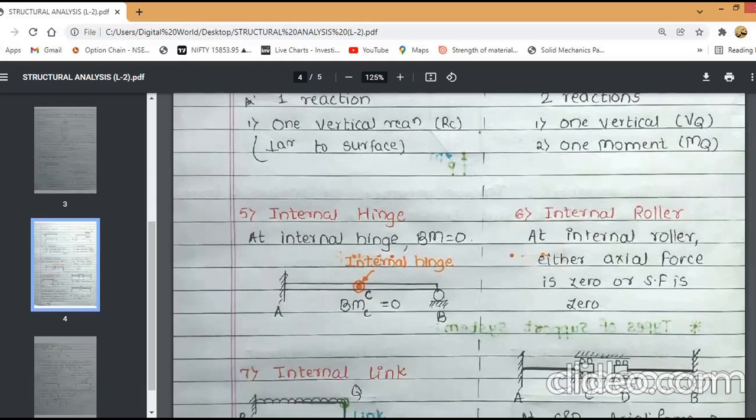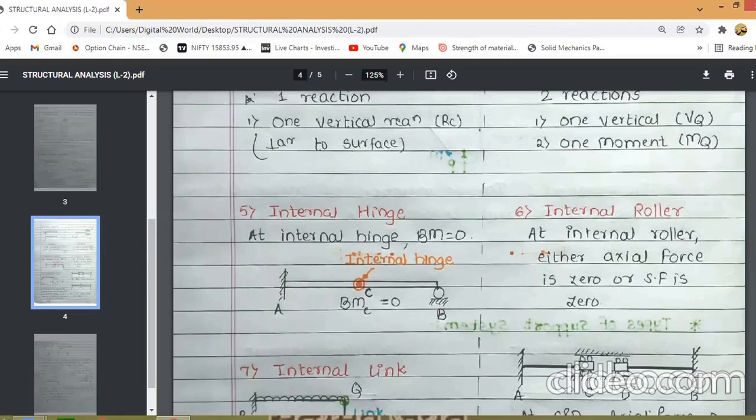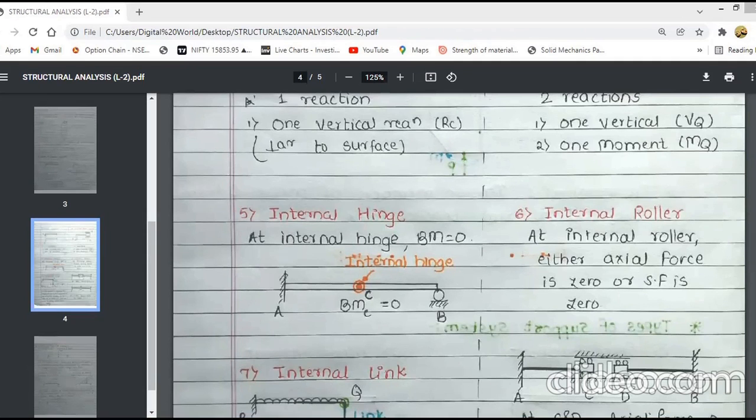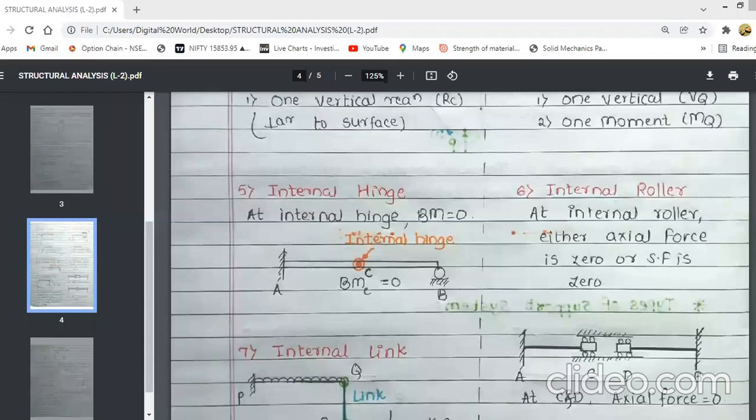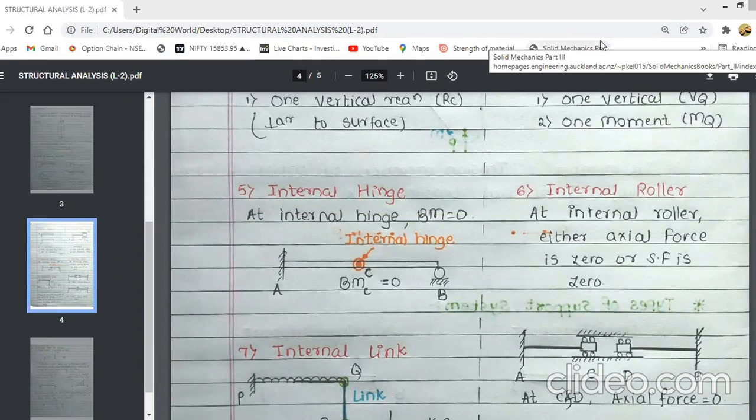The next one is internal roller. At internal roller, either axial force or shear force will be zero. After the internal hinge, the next type of support is internal roller.